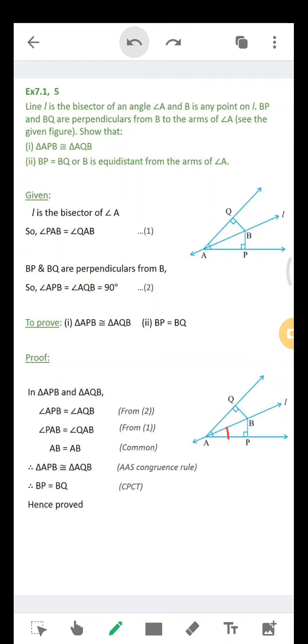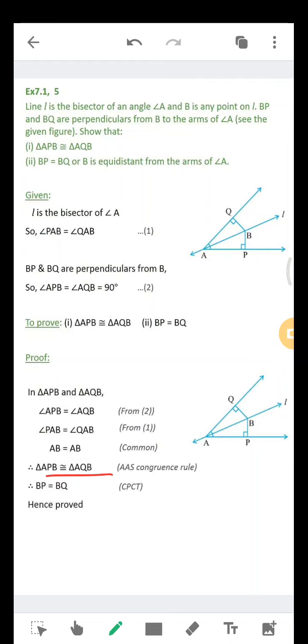These two are equal because L is the bisector, and AB is the common side in both the triangles. So which property did we use here? We used the AAS rule here, angle angle side. So by AAS rule we can say these two triangles are congruent.